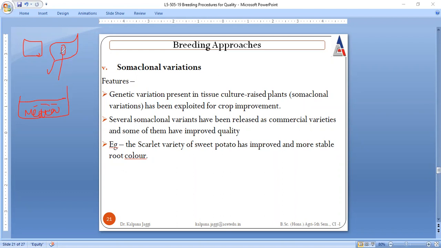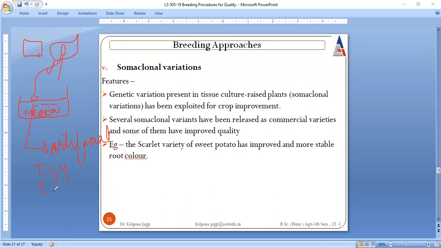So this cell is placed over the media, and when all the artificial conditions are maintained, say temperature, light, humidity, then because all the nourishment is available in this media, this leaf will start growing into the plant.